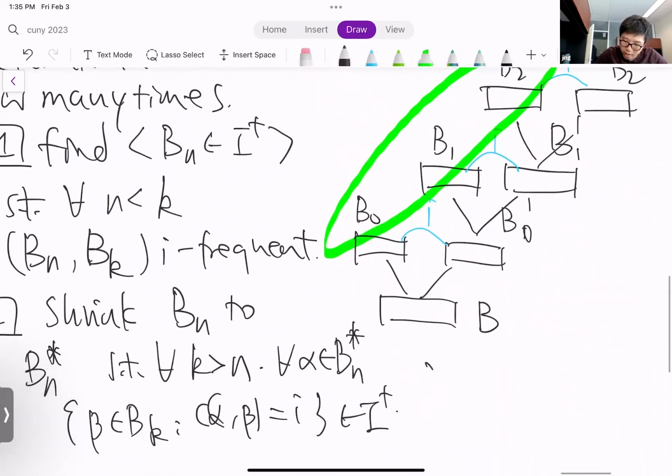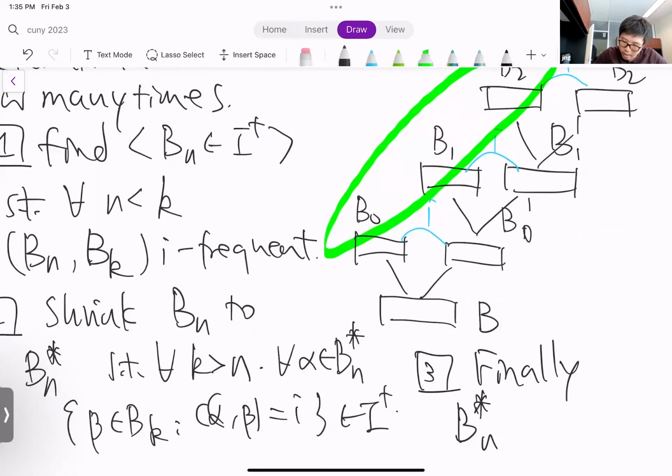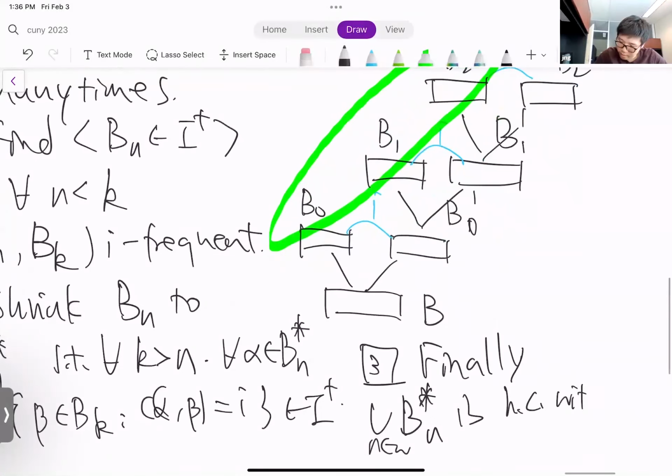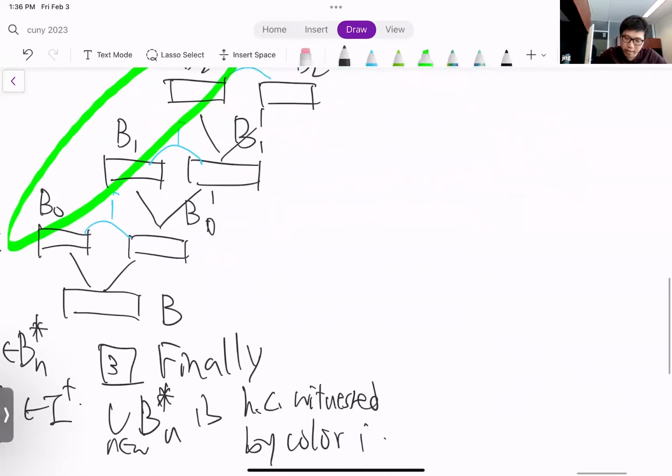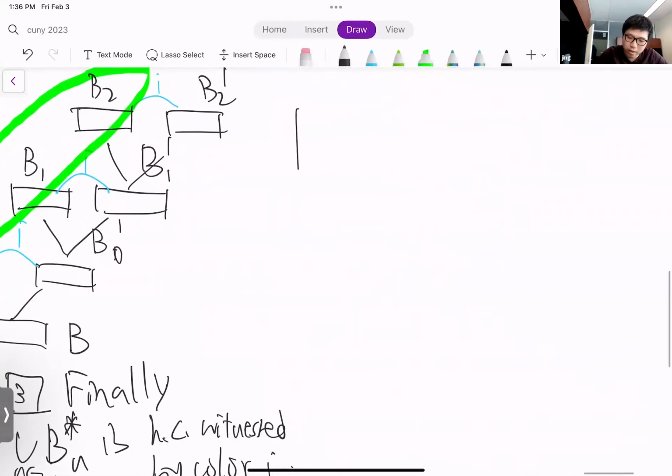So the conclusion, okay, I'm going to write it here and draw another picture. So finally, the union of the B star n is highly connected, witnessed by color I. Let me draw another picture to illustrate what I'm doing here.